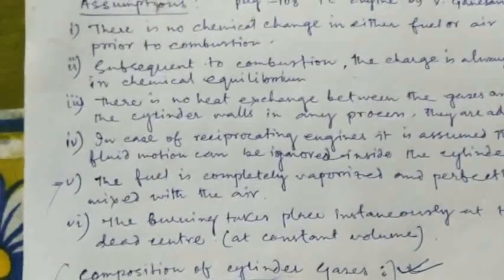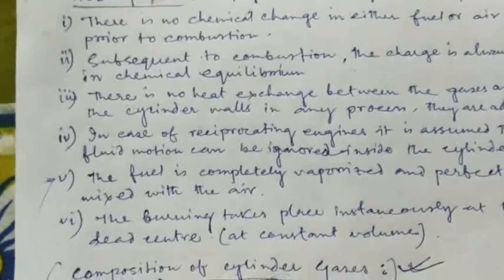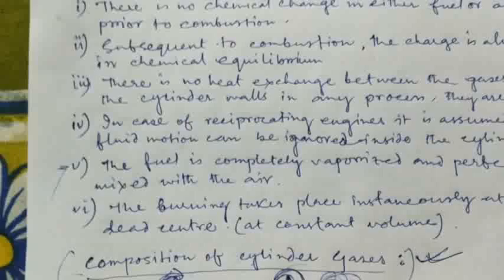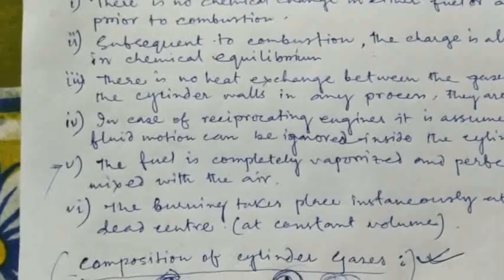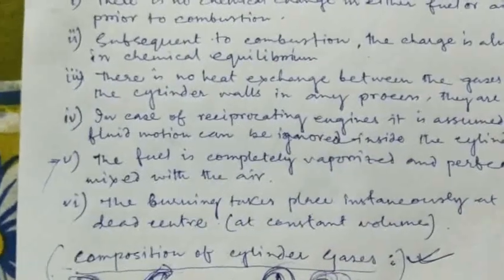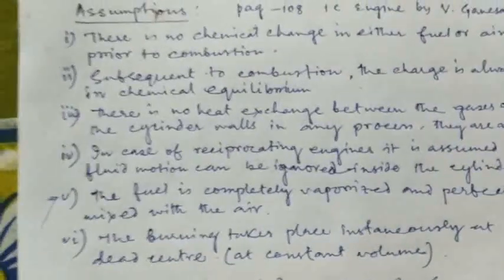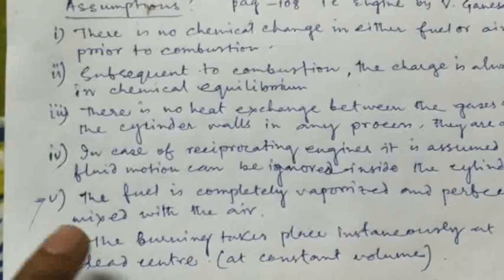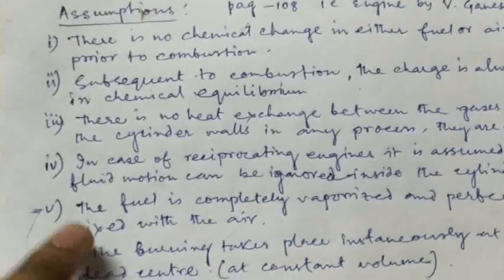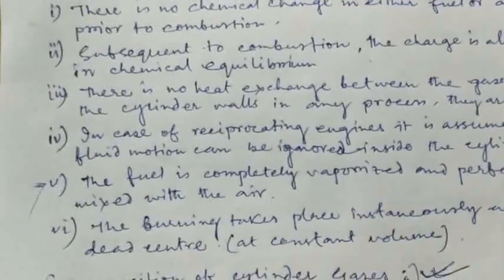Now, all these assumptions have been taken for the analysis of the fuel air cycle. Some of this analysis, apart from these, is also there in air standard cycle analysis. The only change is that in the air standard cycle we considered the working fluid to be only air.